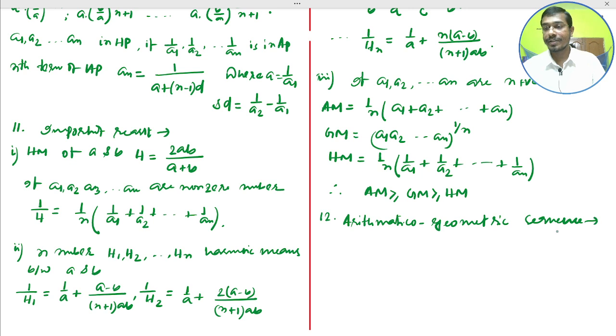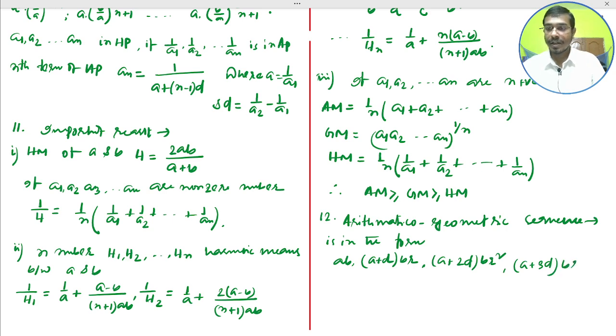An arithmetic and geometric sequence is in the form: a b, (a plus d) into br, (a plus twice d) br square, (a plus thrice d) into br cube, and so on.